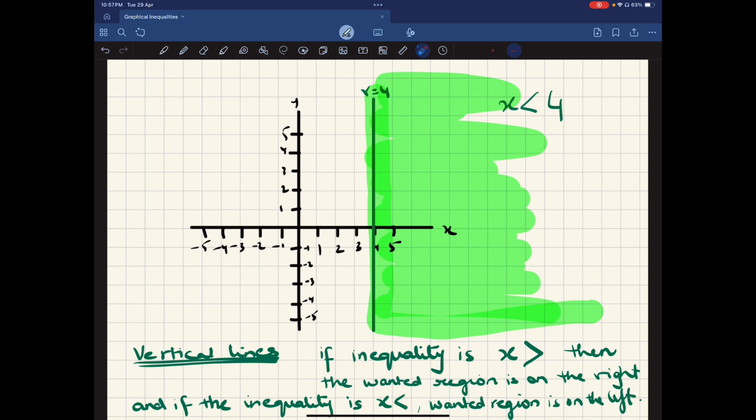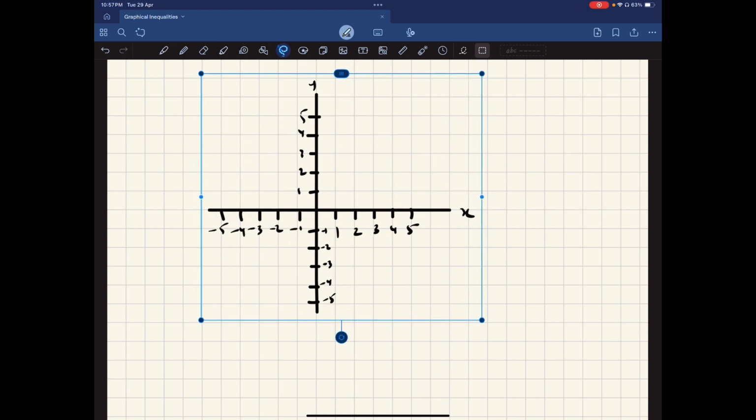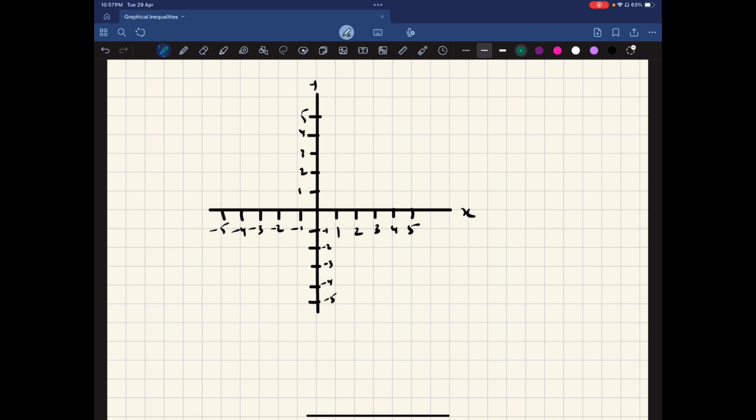Okay, so for example, let's very quickly put this rule to test. Let's draw two lines, and a second one here. So what are the equations of the lines?